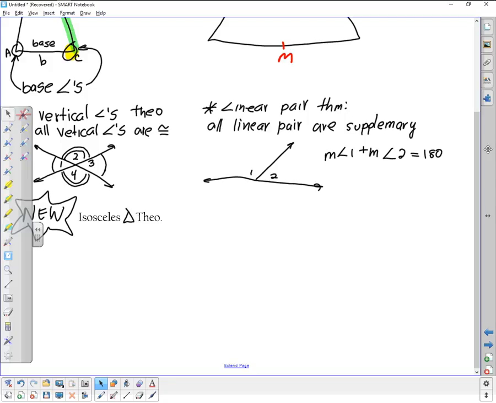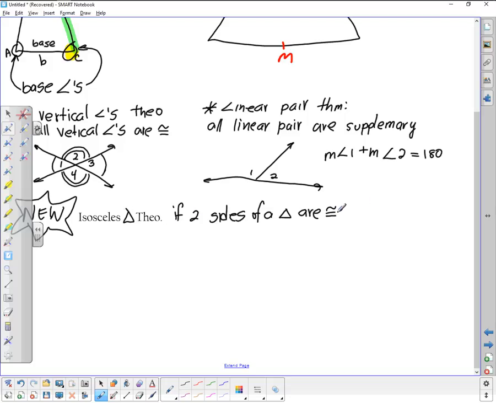It says if two sides of a triangle are congruent, that's an isosceles triangle. So that's why we call it the isosceles triangle theorem.